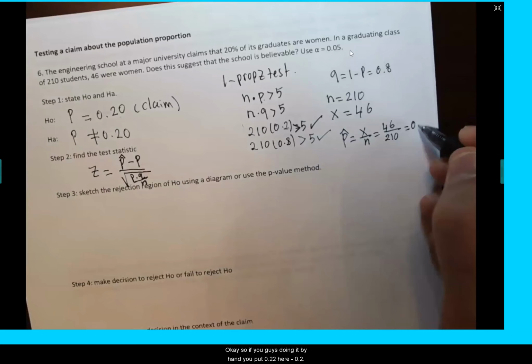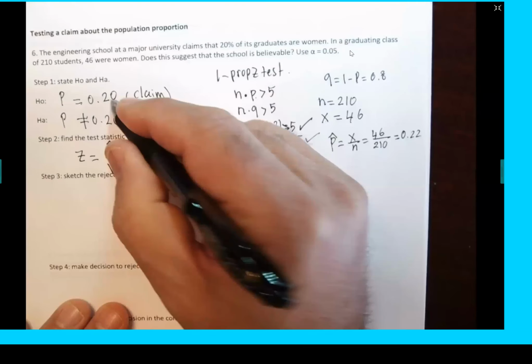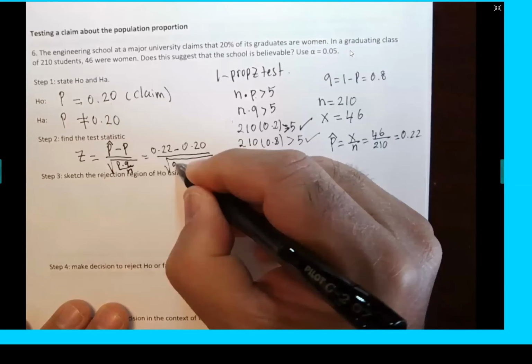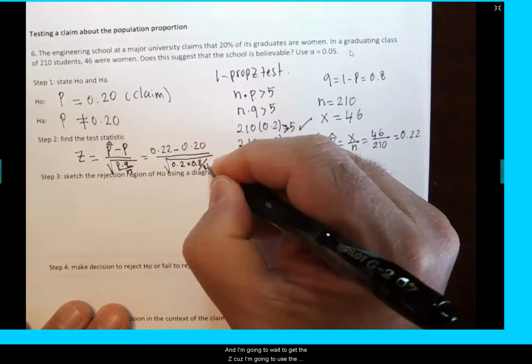If you're doing it by hand, you put 0.22 minus 0.2, divided by the square root of p, which is 0.2, times q, which is 0.8, divided by n, which is 210. I'm going to wait to get the z because I'm going to use the calculator now to find this. Here's how you do the test, guys. Watch.